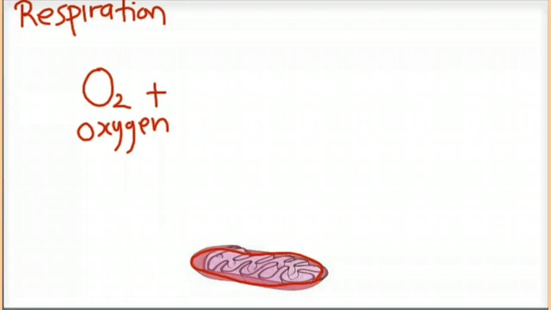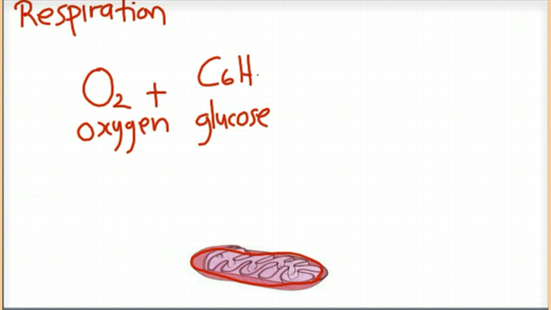The food that we are going to use in this explanation is glucose. And since we're using chemical formulas to represent whatever we're talking about, we're going to write glucose as C6H12O6.